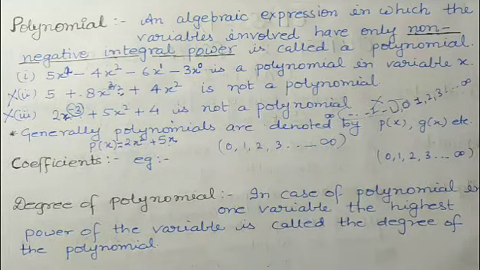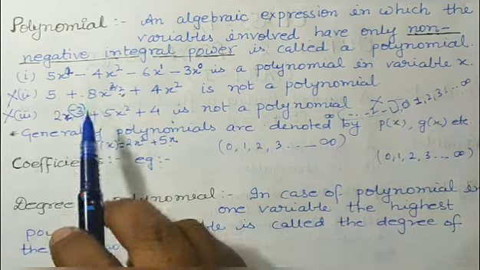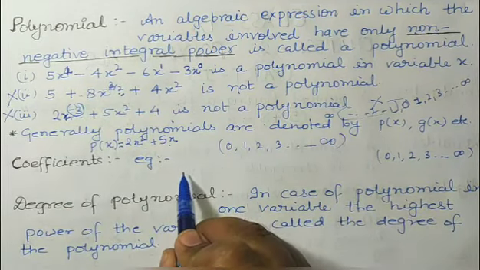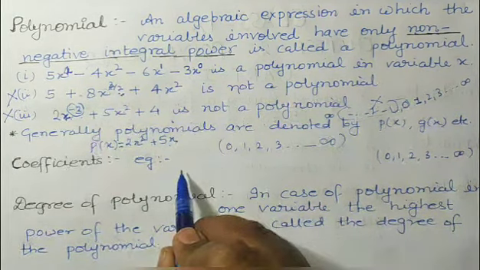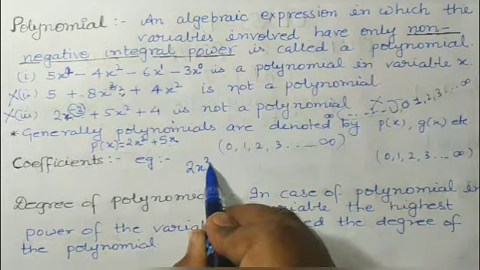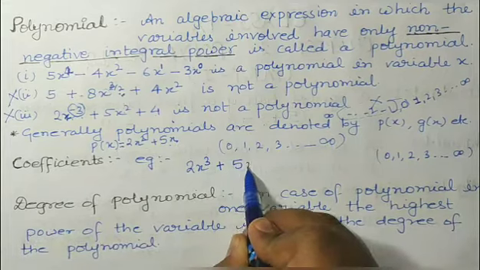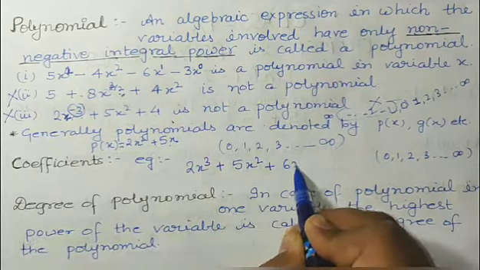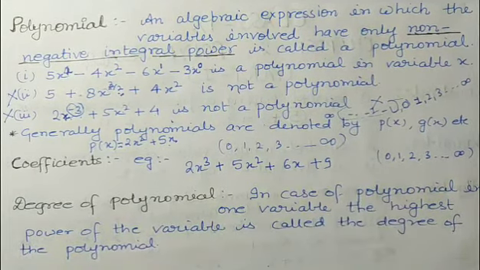Now, next topic is coefficients. Coefficient is nothing, it is just the multiple of x here. Let us understand this topic with the help of an example, like if 2x to the power 3 plus 5x square plus 6x plus 9 is written.